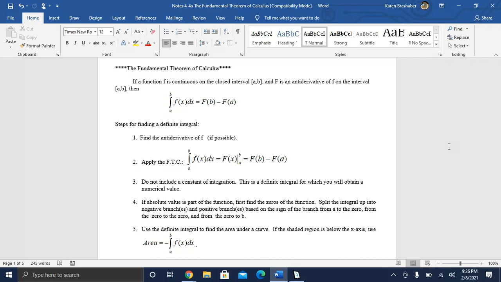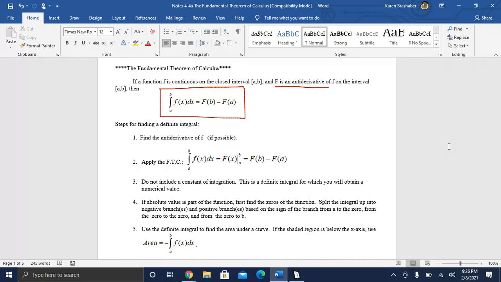And so you can see that we have the theorem stated here symbolically. The integral from a to b of f of x dx equals capital F. Now that capital F is the antiderivative, and then you'll plug in the upper limit of integration, so F of b, minus F of a, where you plug in the lower limit of integration.